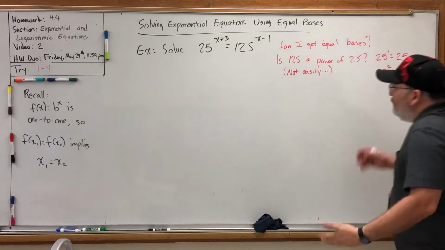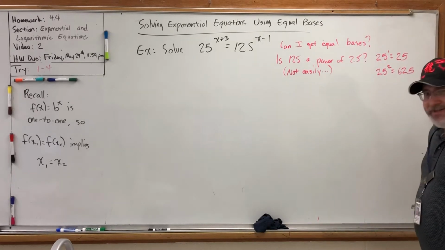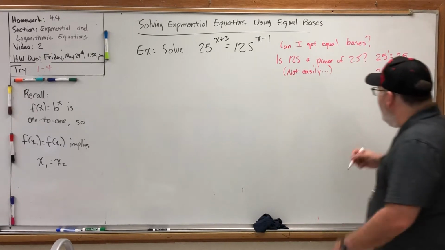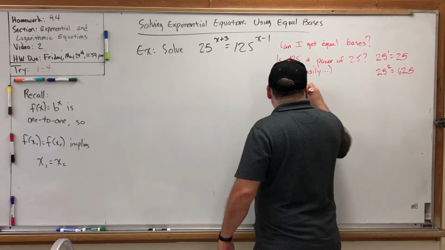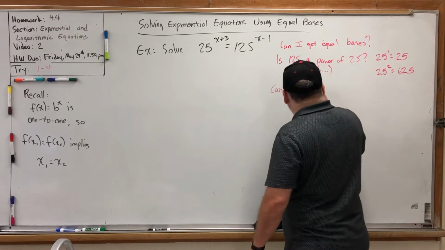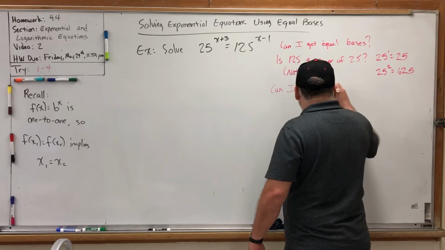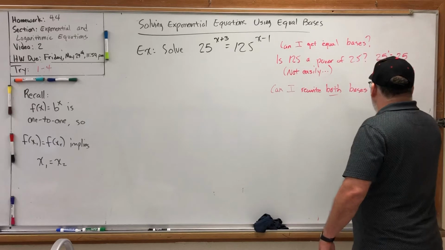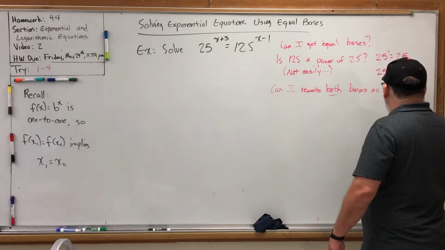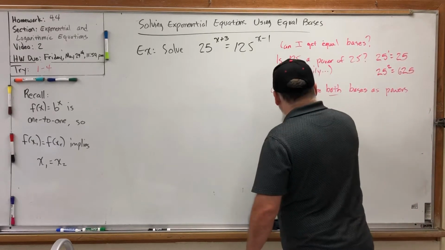But what happens if you're trying to get equal bases and you can't get them that easily? Then you ask yourself, can I rewrite both bases as powers of a new base?